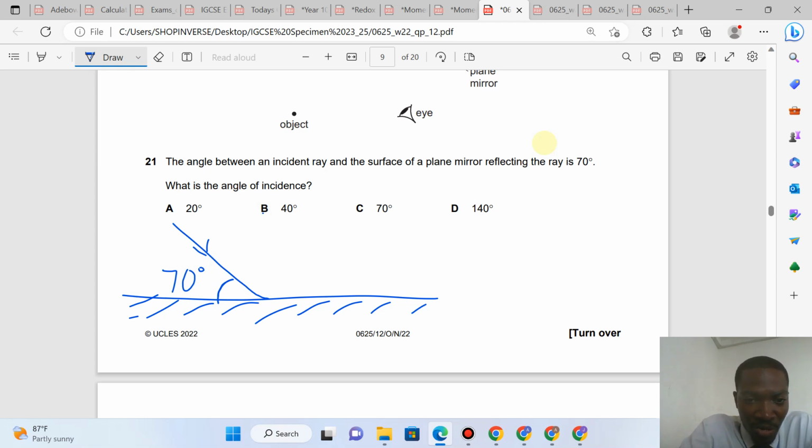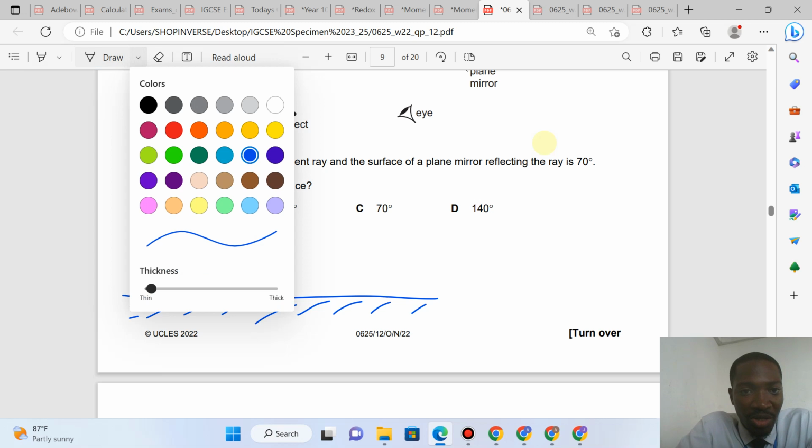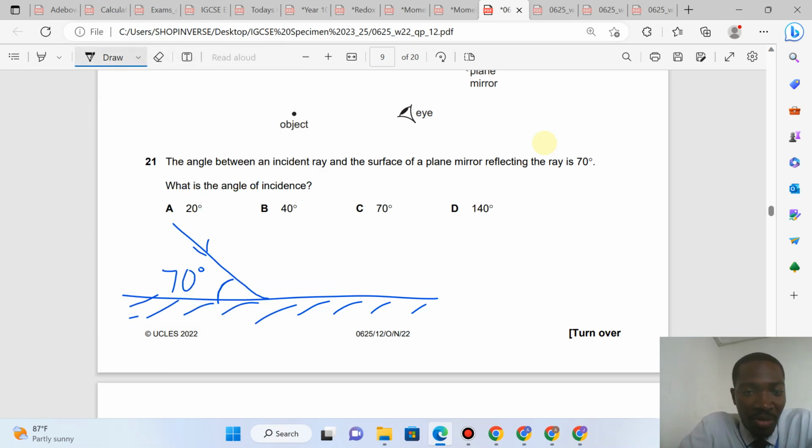We have to produce a normal at the boundary between the incident ray and the reflecting surface. Let me use a different color for this purpose, the black ink. So I want to produce a normal, a perfectly perpendicular line to the reflecting surface.